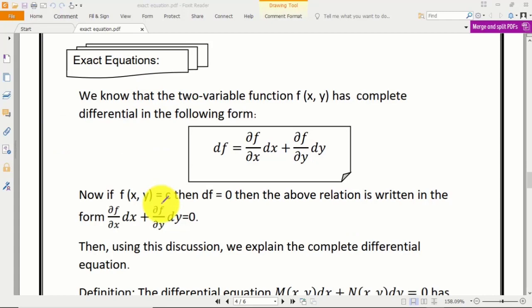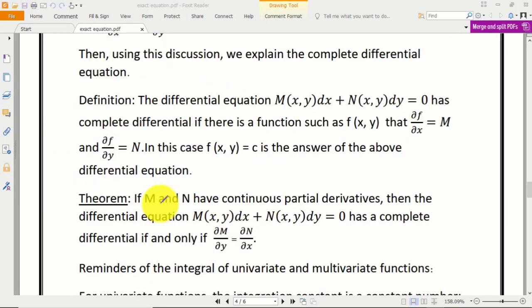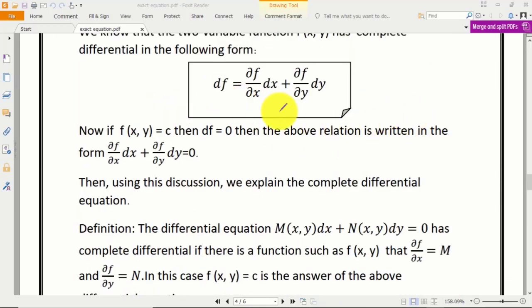I'm going to go ahead and find the equation according to the exact differential. We've got an equation written in this form: M, a two-variable function, multiplied by dx, plus N, a two-variable function, multiplied by dy, and it is all equal to 0. This equation will be called the exact differential if it conforms with this description.